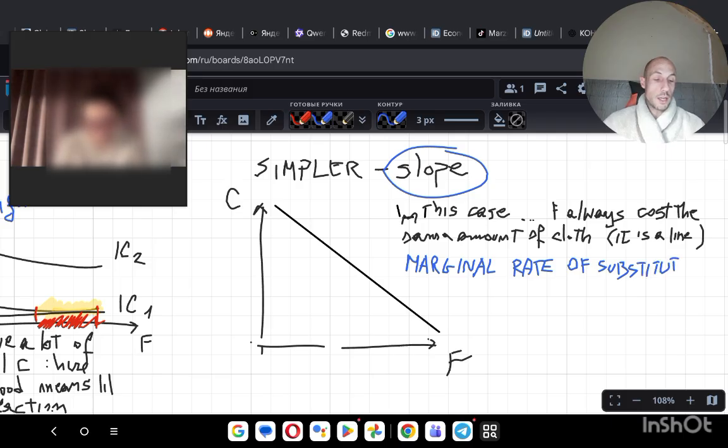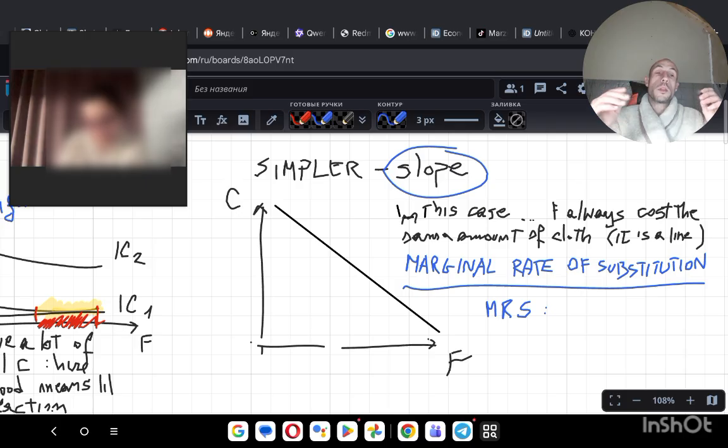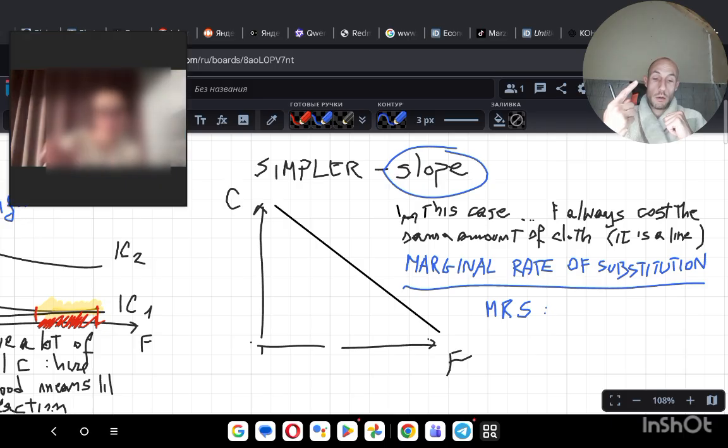Here the indifference curve is almost flat. In the black case here, the slope is always the same. And let's read it: how many units of good 2 are you willing to trade for one more unit of good 1?